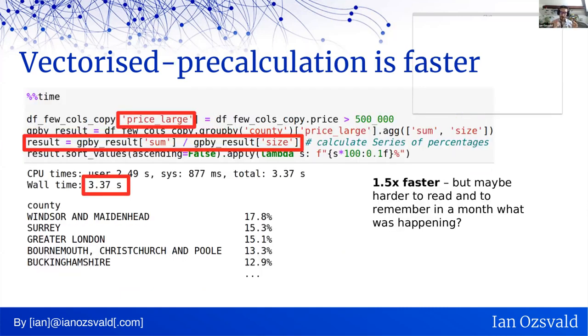And then if I calculate it and divide it through, I get the same mean result coming out the other side. But because I'm not doing a group by and an apply, I'm doing a group by and an aggregate on a pre-computed value, and I'm timing all of that. That time operation encompasses all of that. I end up with a speed up. And if you've got lots of groups and lots of rows in each of those group bys, this vectorization approach can give you a nice big win there, which is really good.